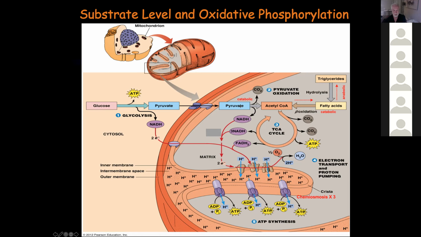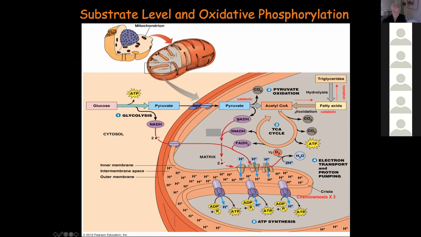We have pyruvate inside. That's converted to acetyl-CoA, which is the first step in the Krebs cycle, the TCA cycle. So the Krebs cycle turns, it does all the things I've just been telling you. It makes CO2, makes a little bit of ATP, and a lot of electron carriers.